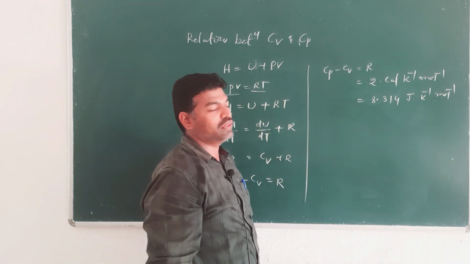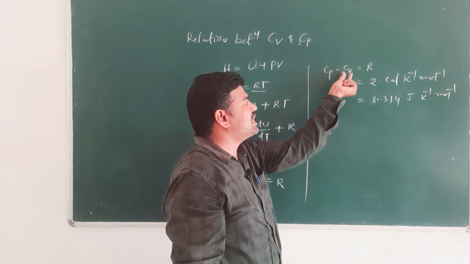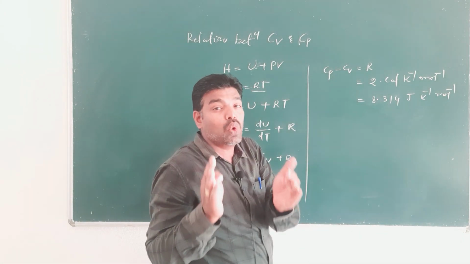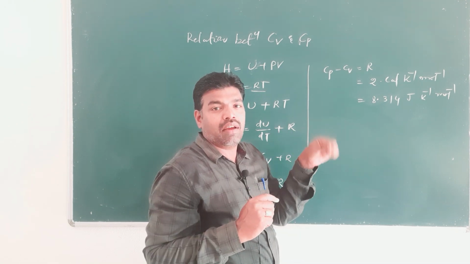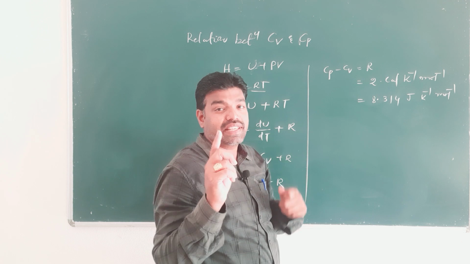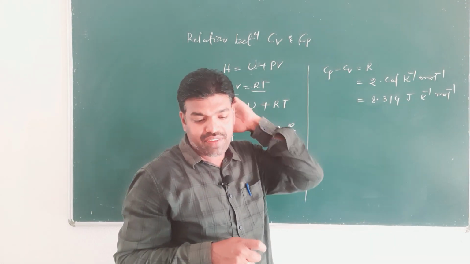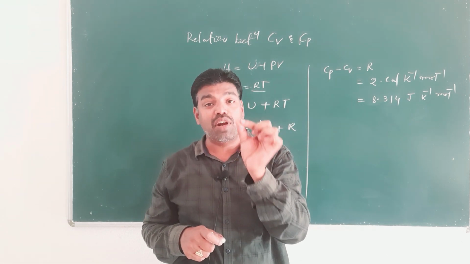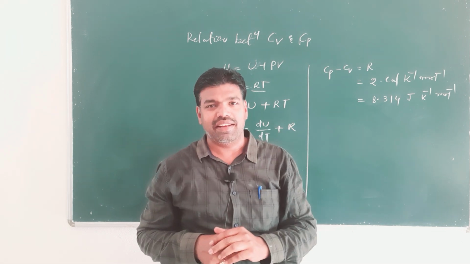That is, the difference between Cp and Cv is equal to the work done by 1 mole of gas with the increase of 1 degree centigrade. The difference between Cp and Cv is equal to the work done by 1 mole of gas when heated by 1 degree centigrade, right.